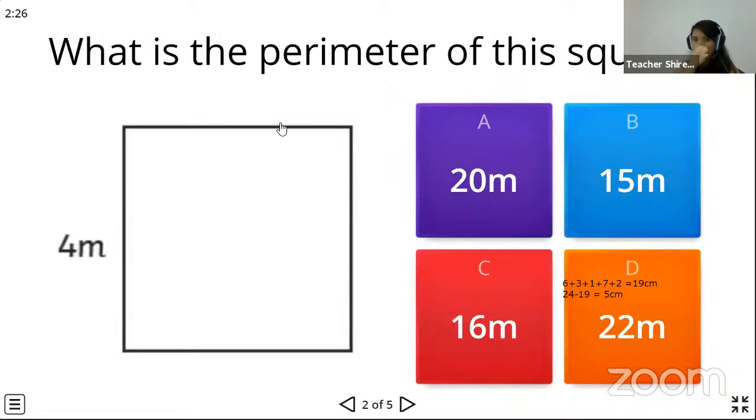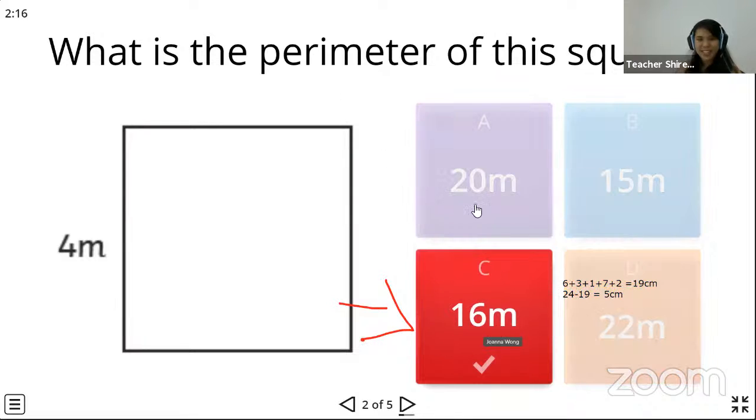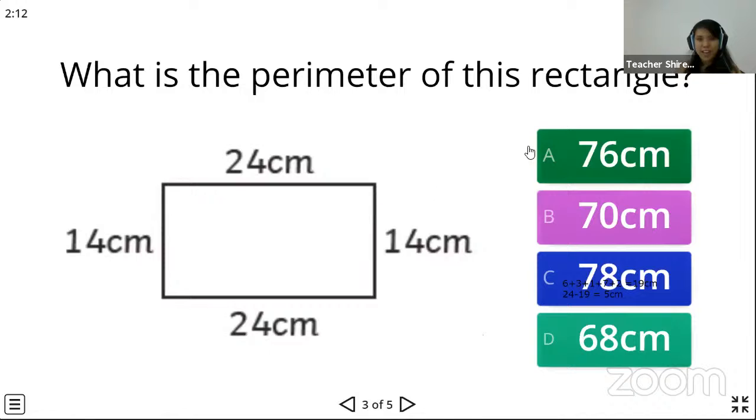So it's 12 plus 13, you add all together. Oh, this one did not say anything, but it did tell you it's a square. Okay, next. Add it up. What do you get? You just need to add everything. 24 plus 24 plus 14 plus 14.